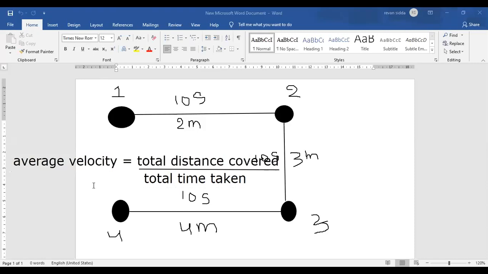In a particular direction, it may be north, it may be south, it may be east, it may be west. Okay, direction should be there for velocity.